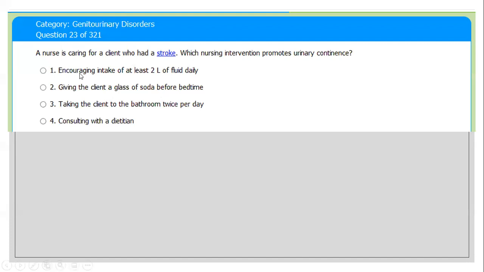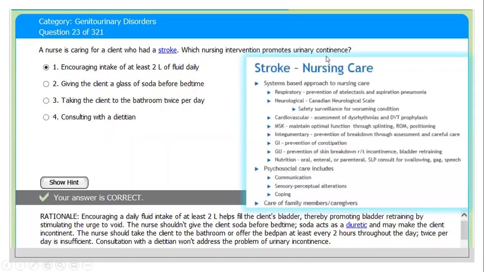Number 1, encouraging intake of at least 2 liters of fluid daily. Number 2, giving the client a glass of soda before bedtime. Number 3, taking the client to the bathroom twice per day. And also consulting with a dietitian. So which nursing intervention promotes urinary continence?